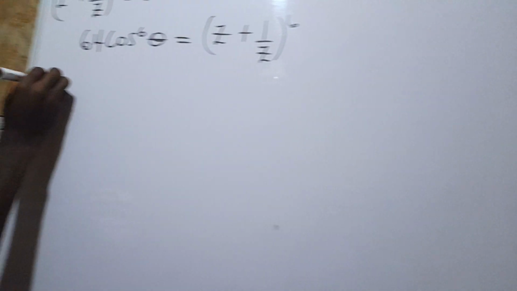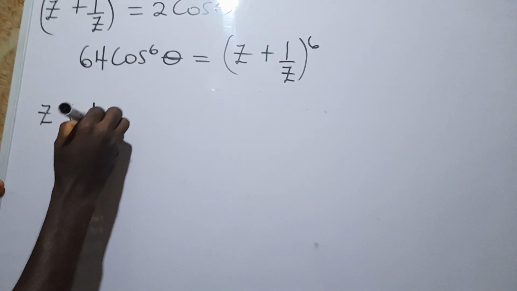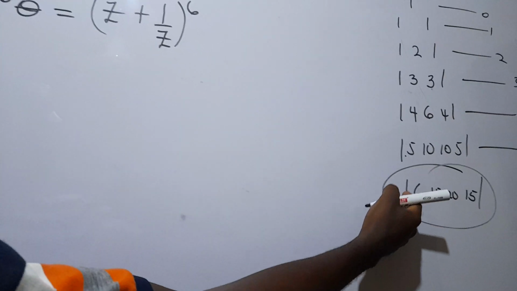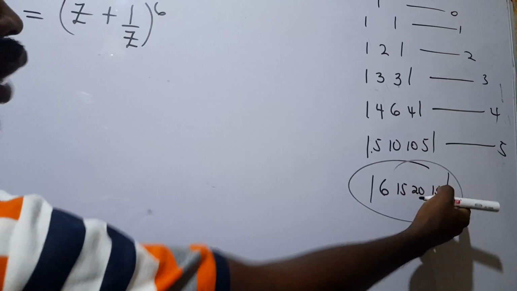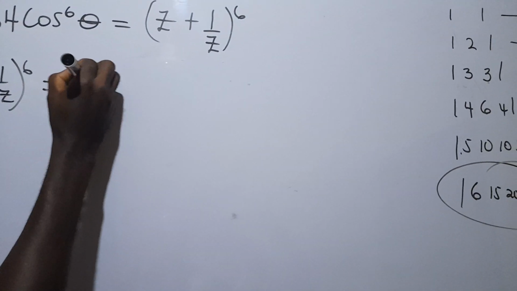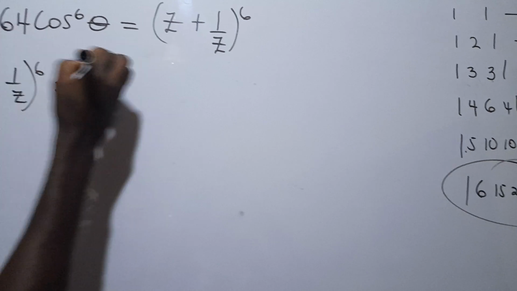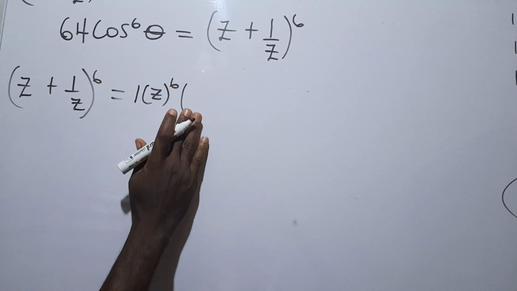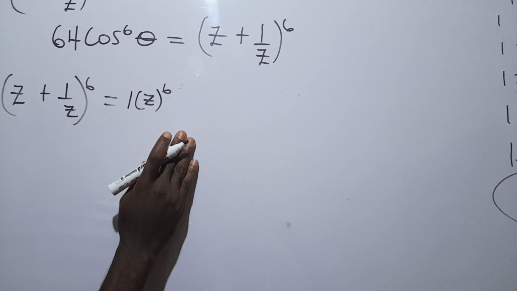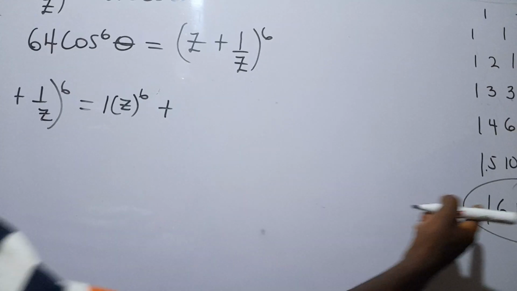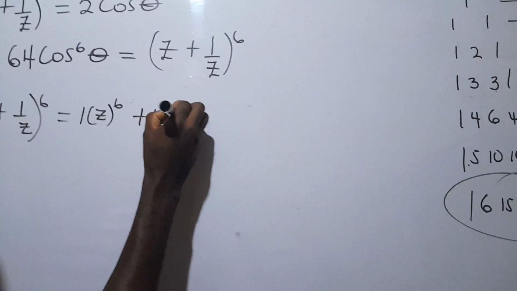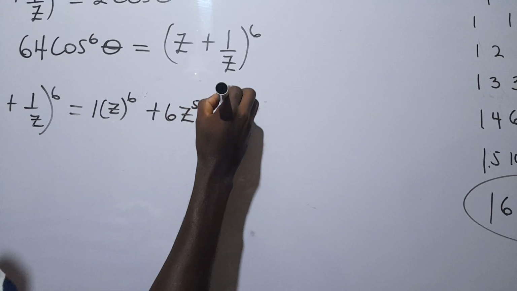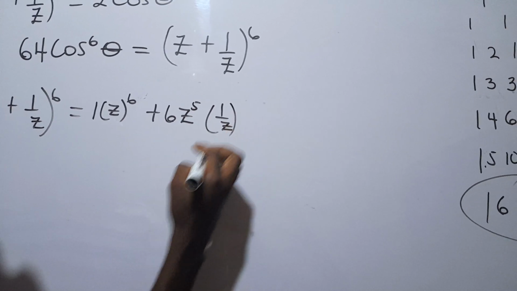So I'm going to use these coefficients to expand that. So let me pull it out. (z plus 1 over z) exponent 6 using the Pascal triangle coefficients 1, 6, 15, 20, 15, 1. I will say the first one is 1 times z, and the first z will take the exponent 6. Then 1 over z exponent 0, it will take 0, so it will still be 1. Then plus the next coefficient is 6, so 6z exponent 5, then 1 over z exponent 1.